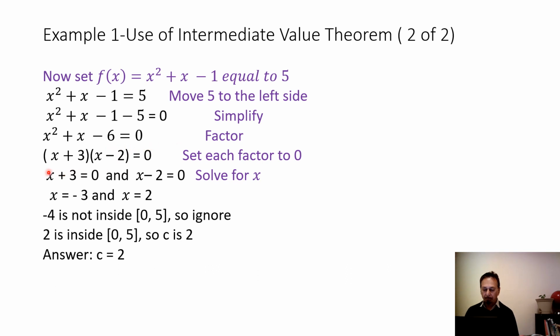And we can factor into x plus 3 times x minus 2 equal to 0. Set each factor to 0: x plus 3 equal to 0, and x minus 2 equal to 0. Solve for x. It gives x equal to -3 and x equal to 2. -3 is not in the interval, so ignore. 2 is inside the interval 0, 4, so c is 2.